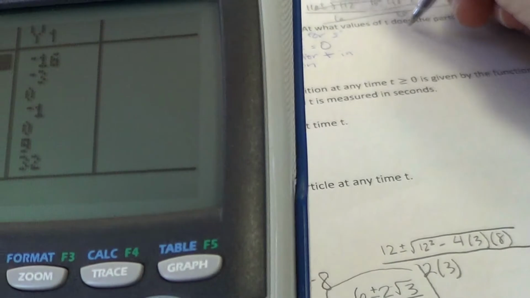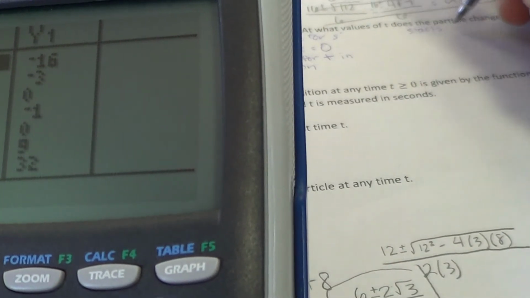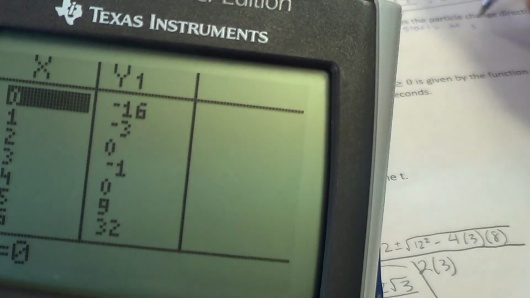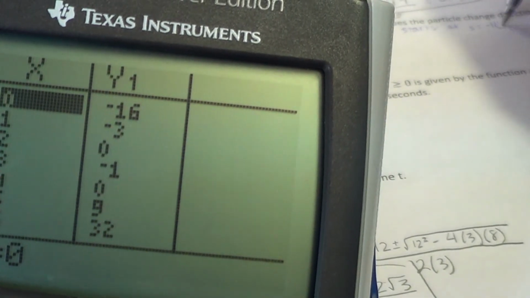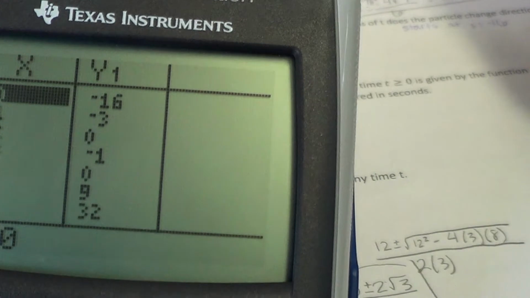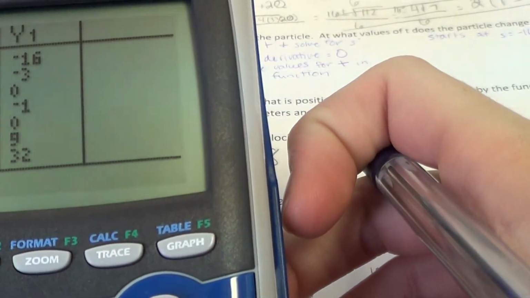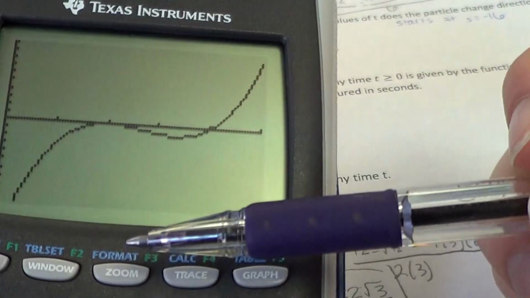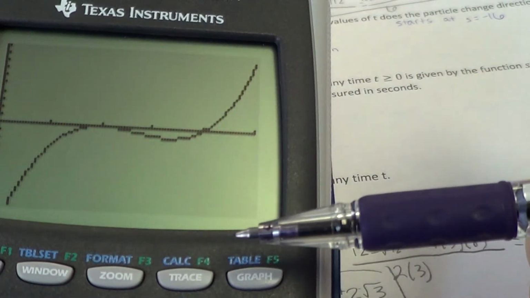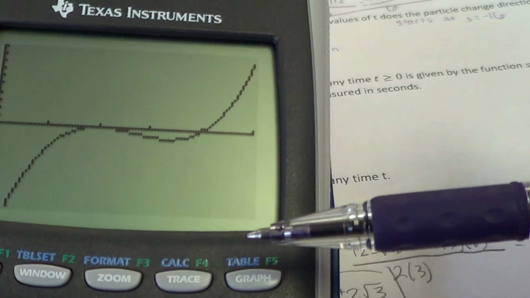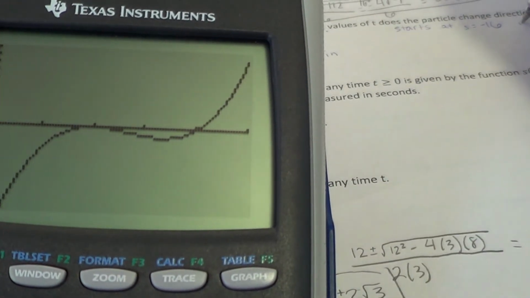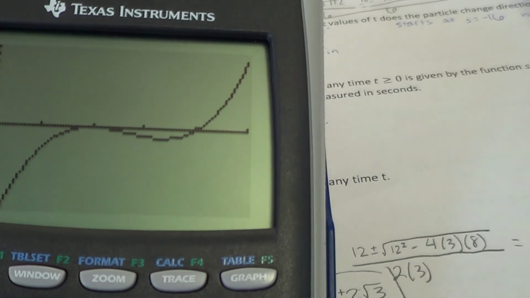And from the starting point to that point, the line is sloping up, which means it's moving to the right. And then it starts going down, so then it starts moving left, and then you want to see what the minimum is at that point.